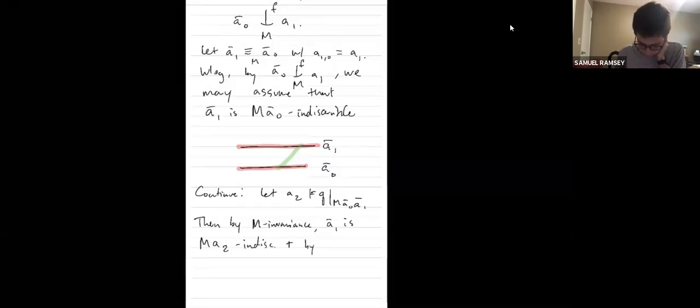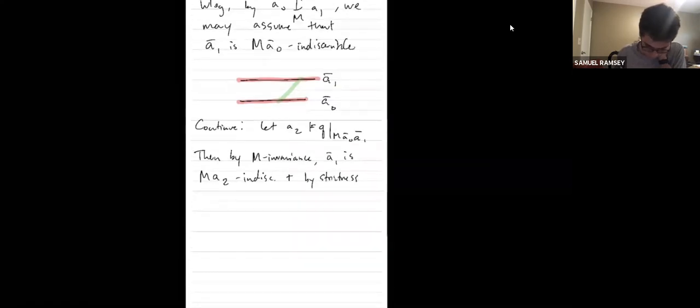And by strictness, you have that A bar 0, A bar 1 is non-forking independent over M with A bar 2.